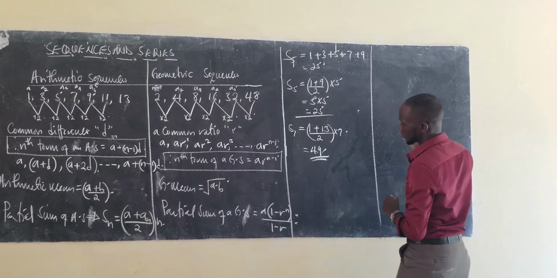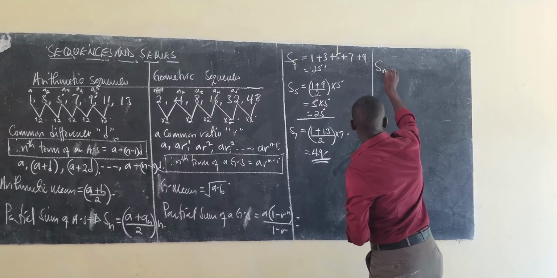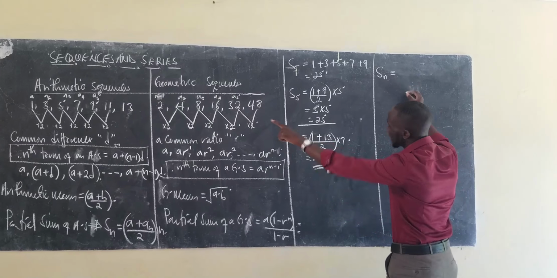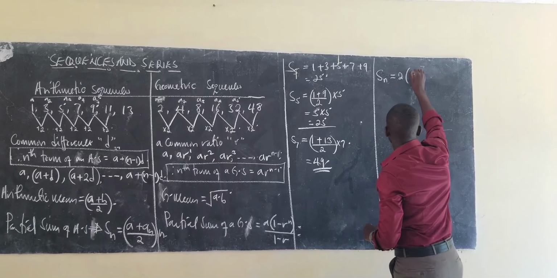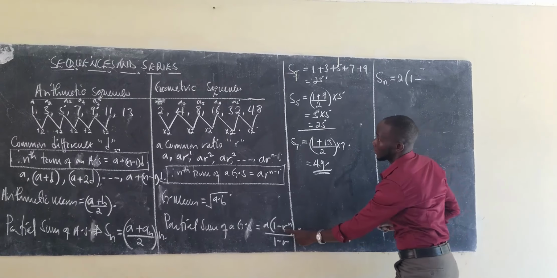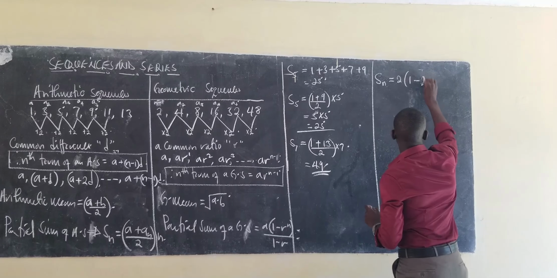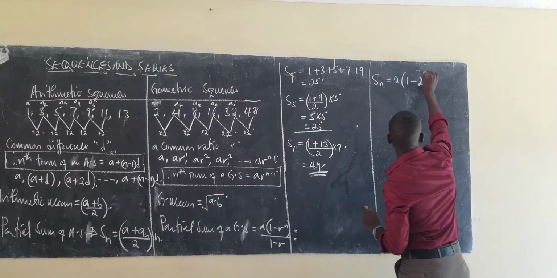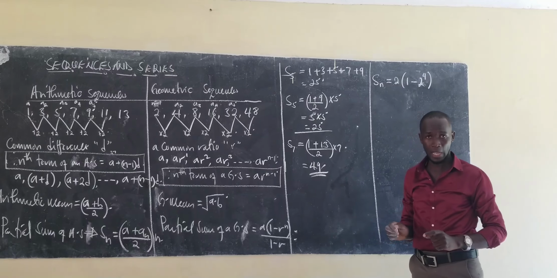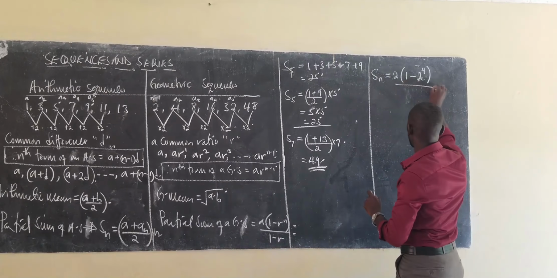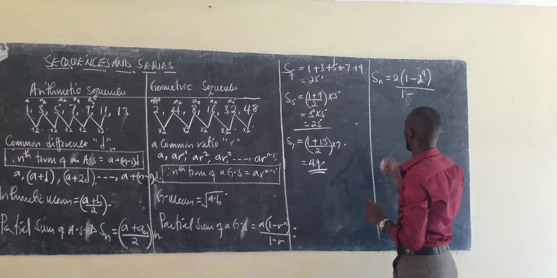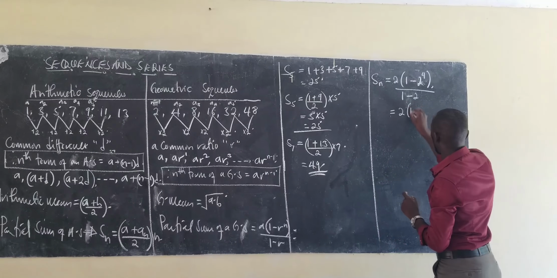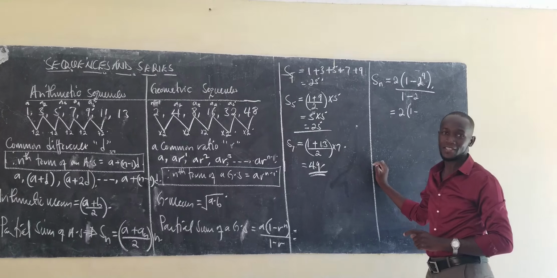Now, here is a person who says the sum as regards to geometric sequencing will be the first term, which is a 2, into 1 minus r, which is 2, power n, and n is now 1, 2, 3, 4. N is 4 because you are stopping at the fourth term. After that, we divide it by 1 minus r, which is a 2. So we shall have 2 into 1 minus 2 power 4, which is 16.